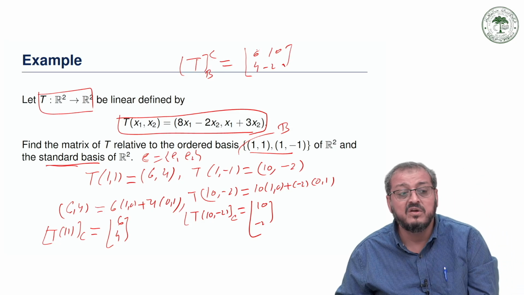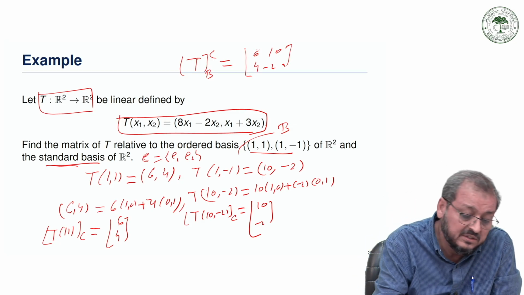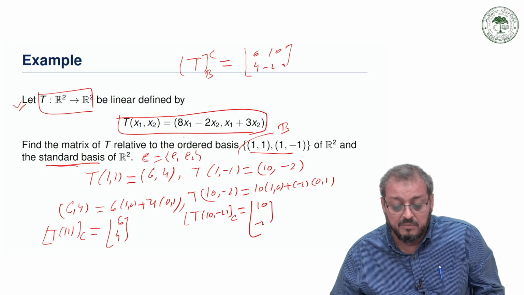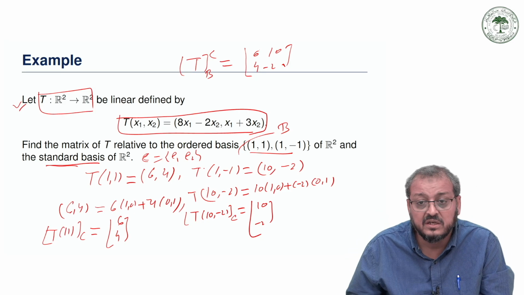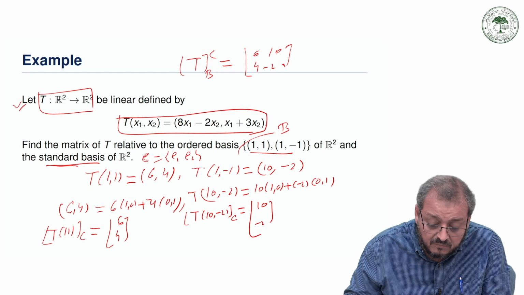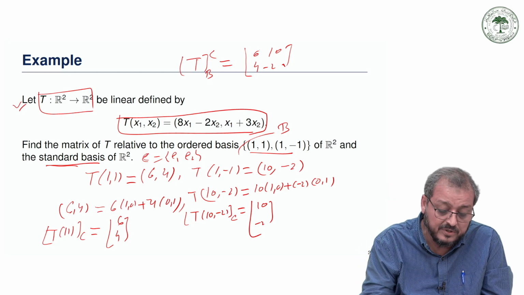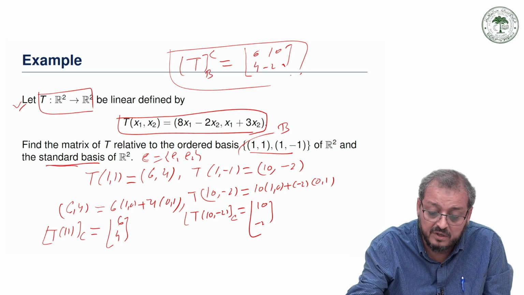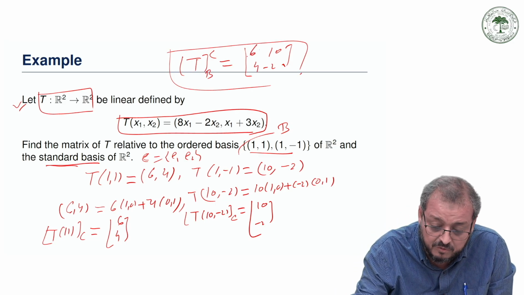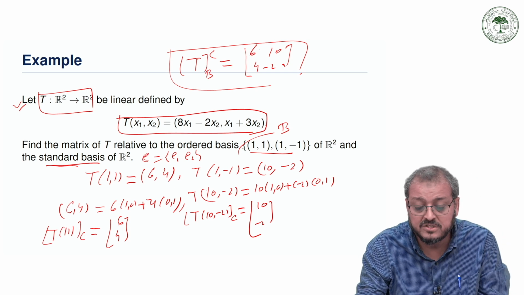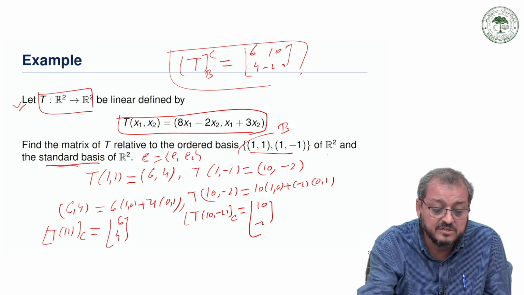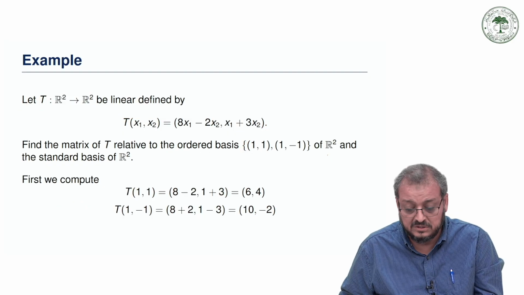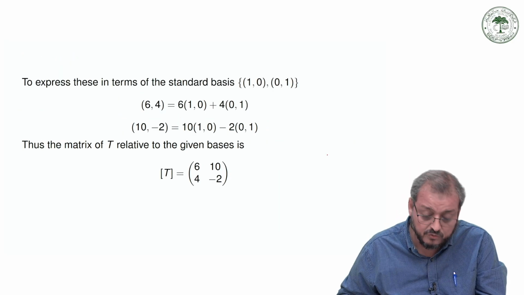That means if we have a linear transformation defined in this form, then according to the basis B and the standard basis of R2, this is the matrix representation of this linear transformation. Okay, so this is what I just said.